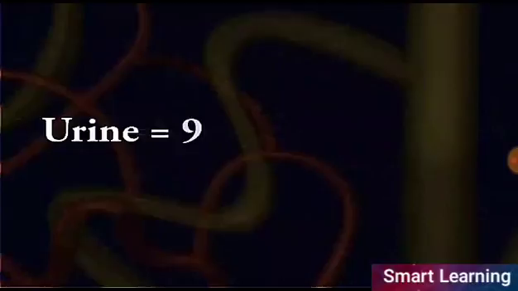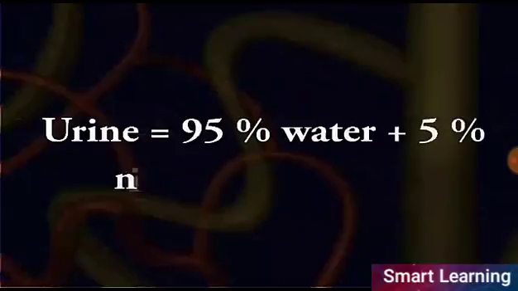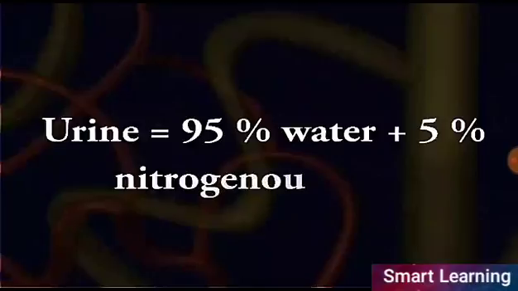Human urine contains about 95% water and 5% nitrogenous substances along with a few other substances.